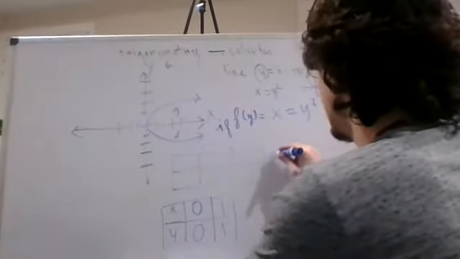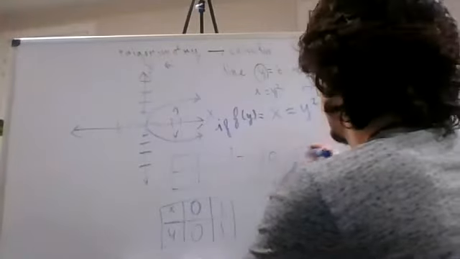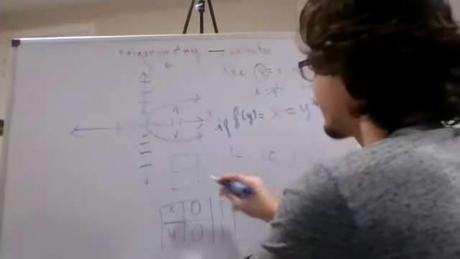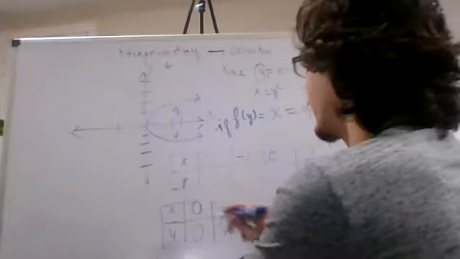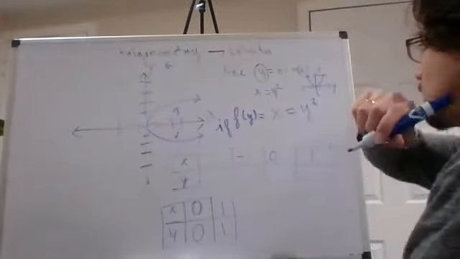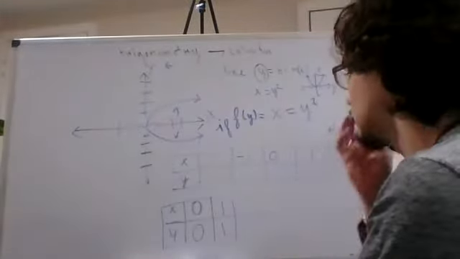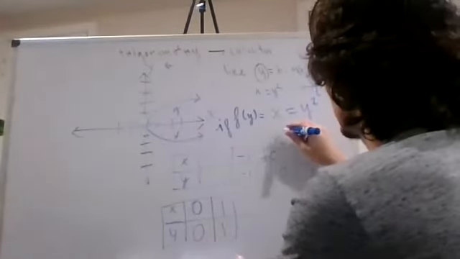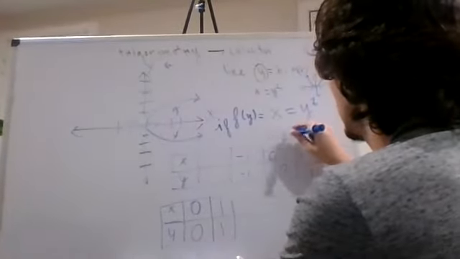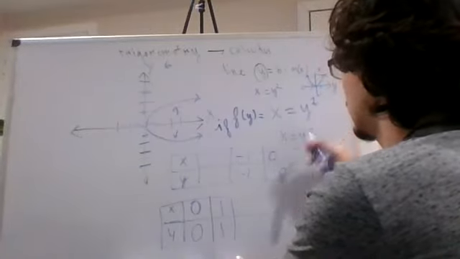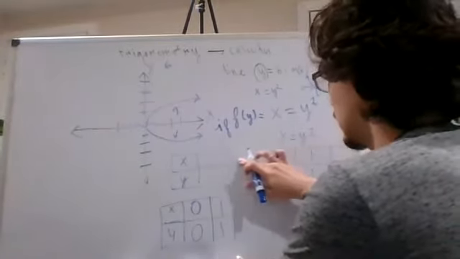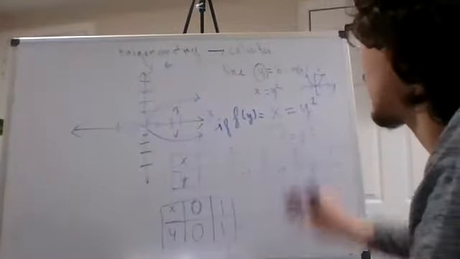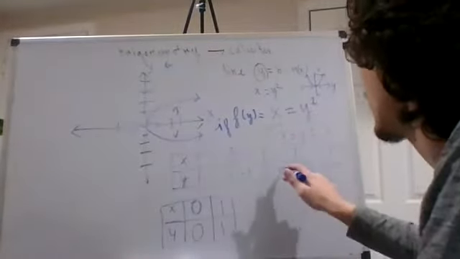Let's have 0, -1, and 1, x and y. Or in this case, y and x. Ms. Tihani, in this equation, x equals y squared, what is x if y is 0?